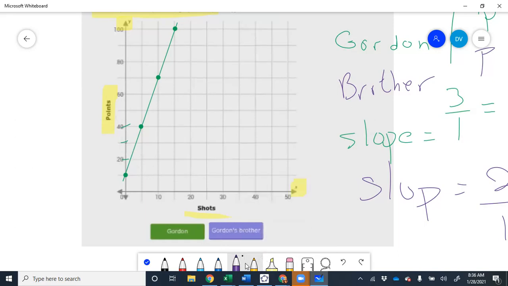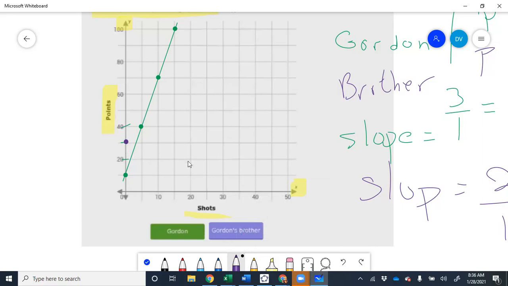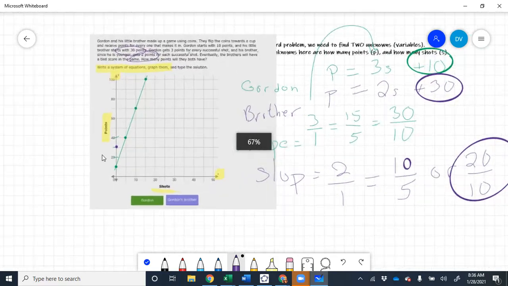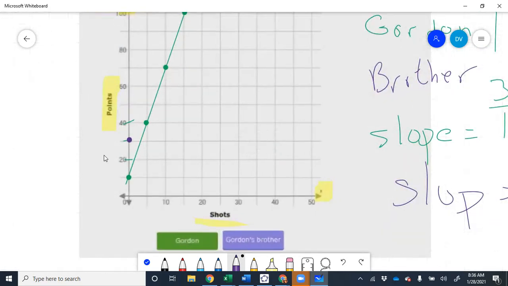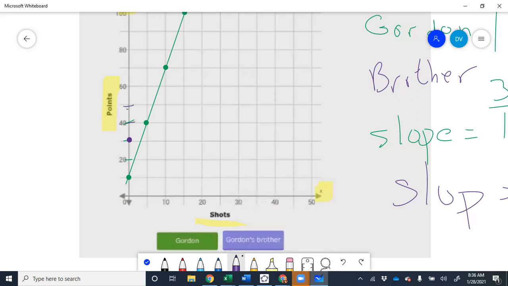Come on, that's too small of a dot. There's 30 right there. And we want to go, I forgot what I just said, up 20 and over 10. Okay. Let me make a hash mark first. Up 20 and over 10. Up 10, 20 and over 10, right?